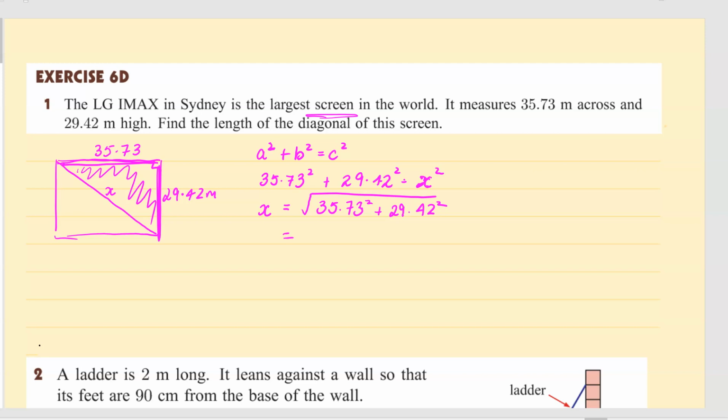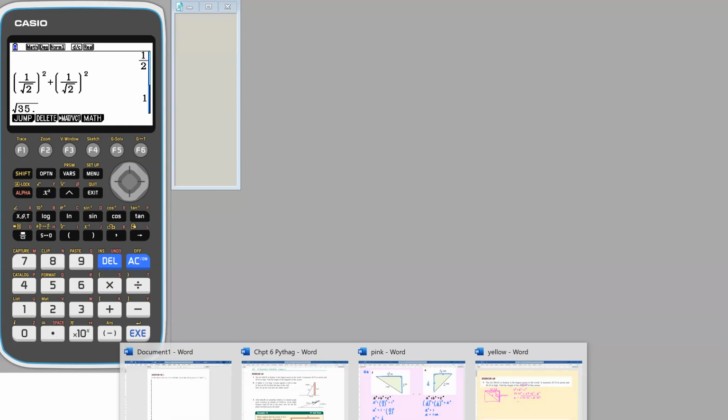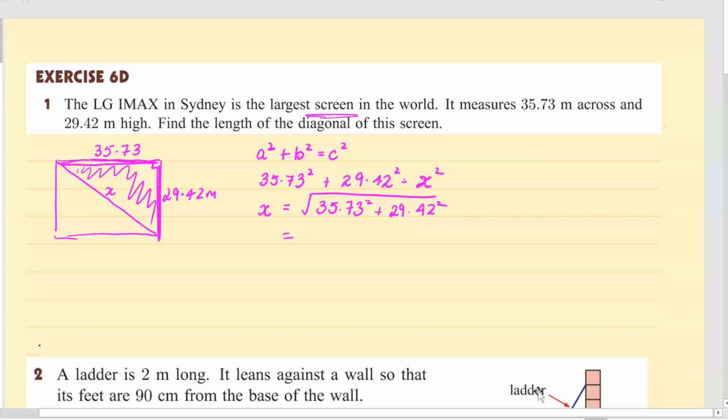Okay, so into the calc, square root 35.73, and so on. I think you can do that from here, without wasting your time going back and forth.